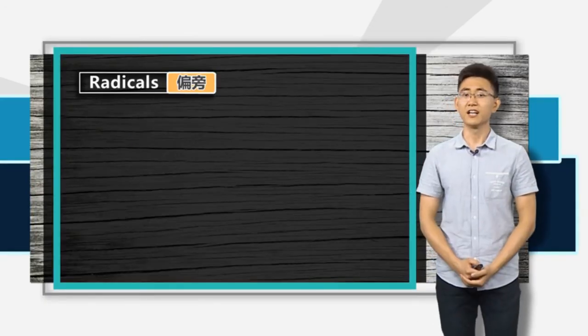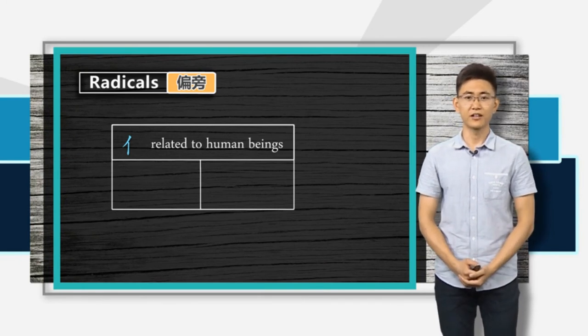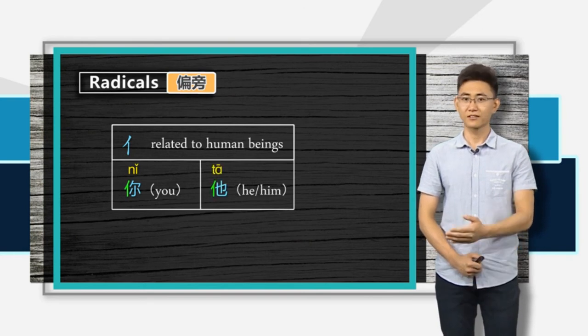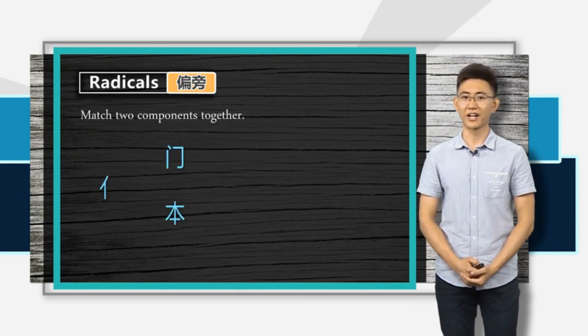The second one is 单人旁. Characters with 单人旁 usually have something to do with human beings. For example, 你, the singular form of you. 他 means he or him. Now let's do some exercises.